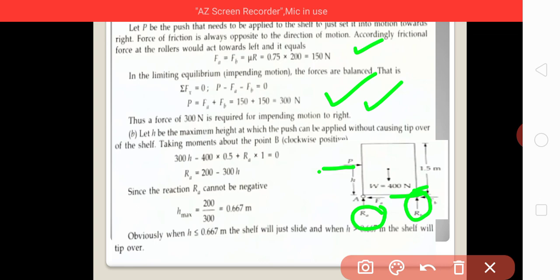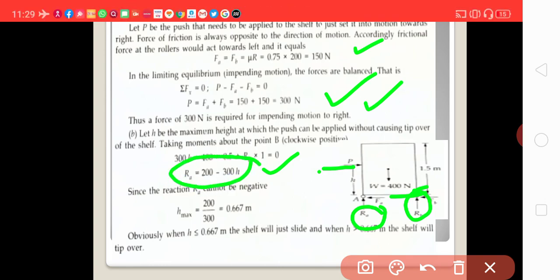So, 300 into h is equal to minus 400 into 0.5 plus RA into 1. They are solved like this, RA equal to 200 minus 300 h. So, RA cannot be negative, hence it can be 0. So, considering it 0, h max is equal to 0.667 meter.